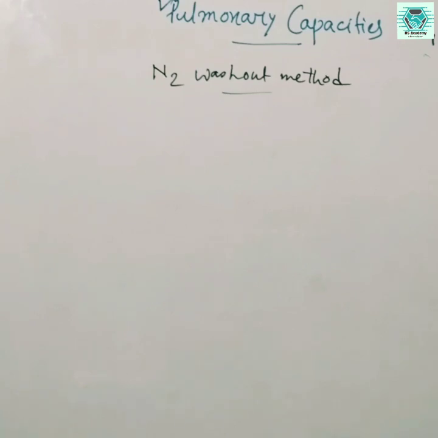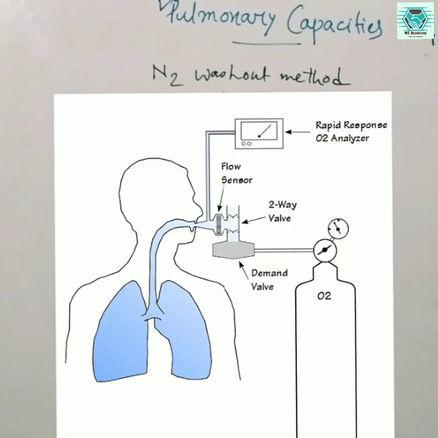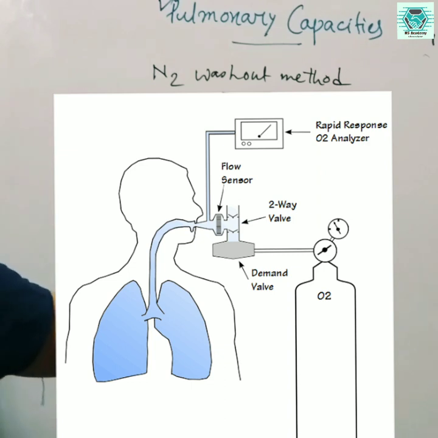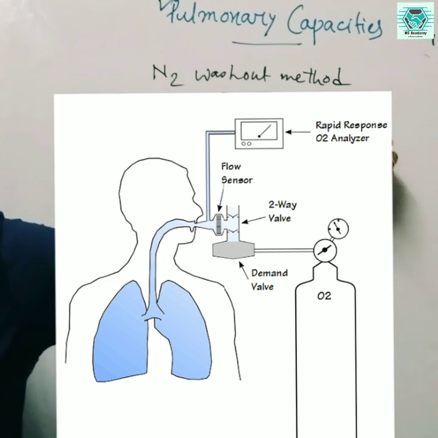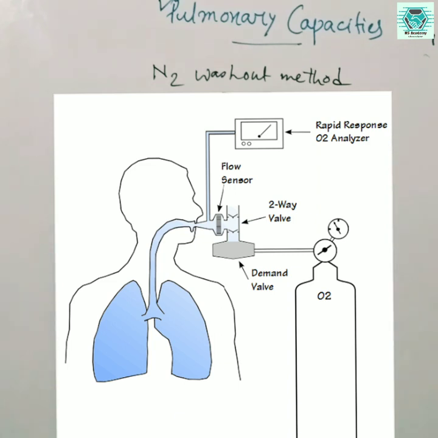Another is the N2 washout method. In this method, the subject inhales pure oxygen from a source and exhales into a Douglas bag for 7 minutes. By this time, all the N2 present in his lungs is washed out by the pure oxygen into the bag.